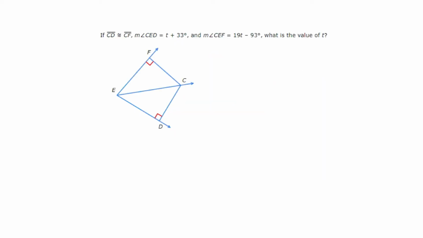Continuing on. Here, instead of slashes, they give the information that CD is congruent to CF, which tells you that yes, you do have congruent segments along with the perpendicular. So these two angles are congruent to each other. I can set up an equation: t plus 33 equals 19t minus 93.